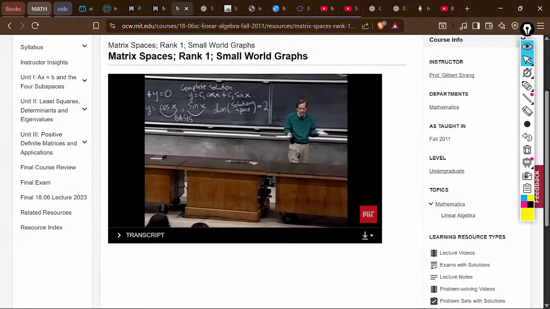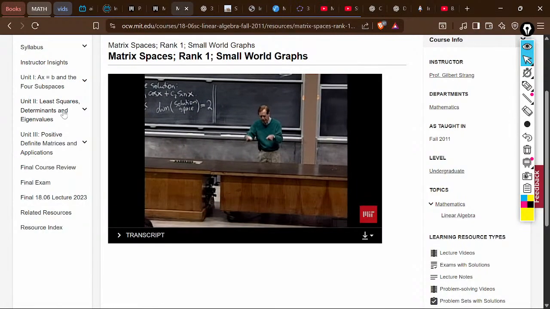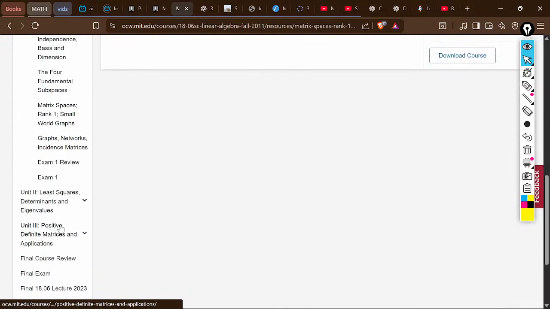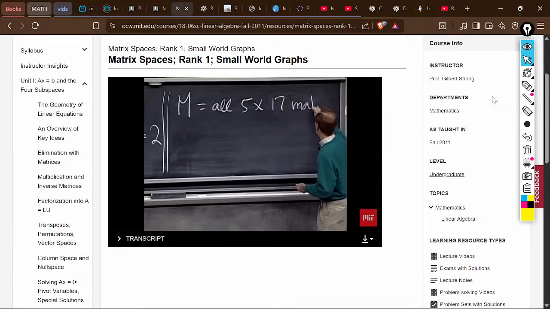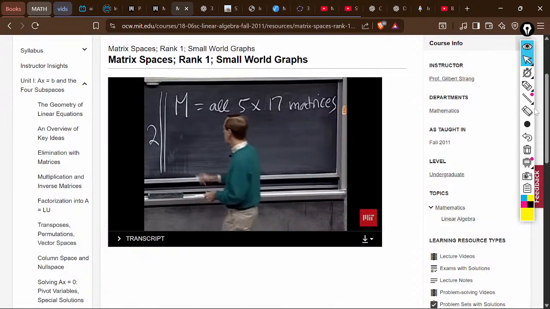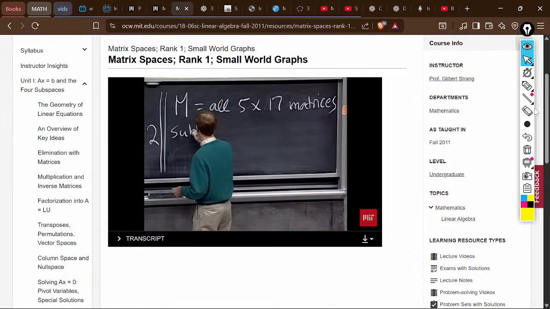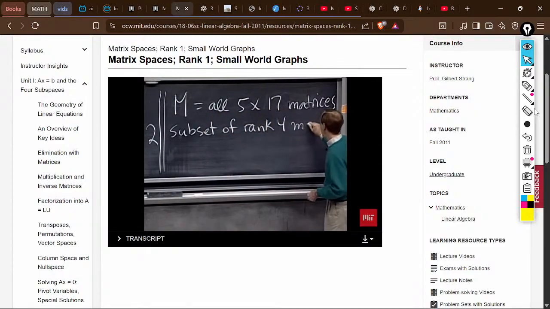I'm asking the kind of questions that are short enough, but that bring out, do you know what these words mean? So my matrix space M now is all 5 by 17 matrices. And now the question I ask is, is the subset of rank 4 matrices a subspace?